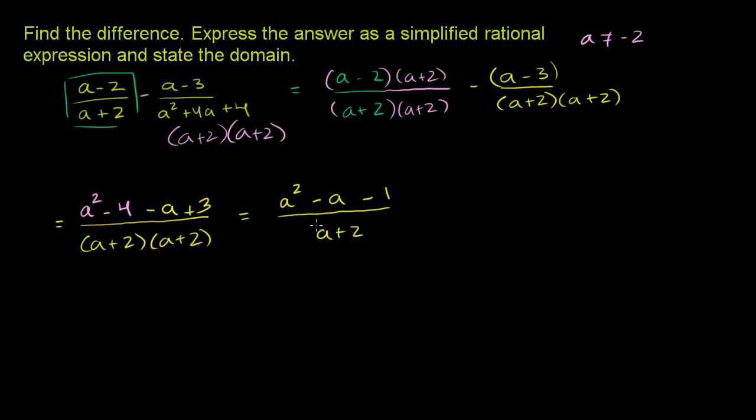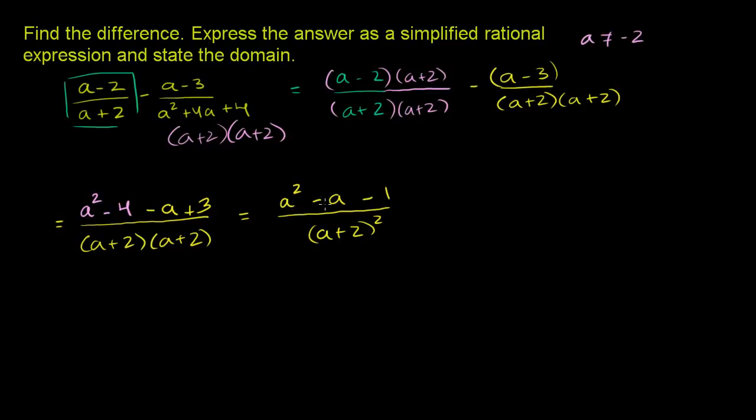Now, we might want to factor this numerator more to make sure it doesn't contain a common factor with the denominator. The denominator is just two a plus 2's multiplied by themselves. And you can see from inspection, a plus 2 will not be a factor in this top expression. I mean, if it was, this number right here would be divisible by 2. It's not divisible by 2. So a plus 2 is not one of the factors here.